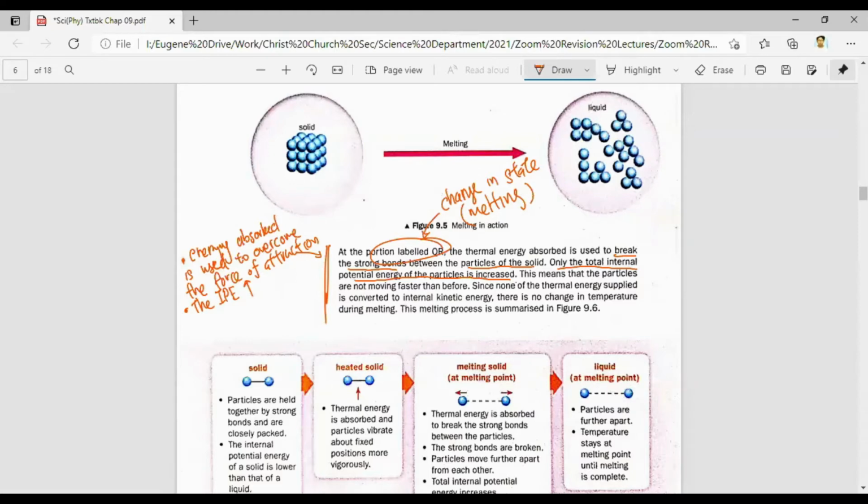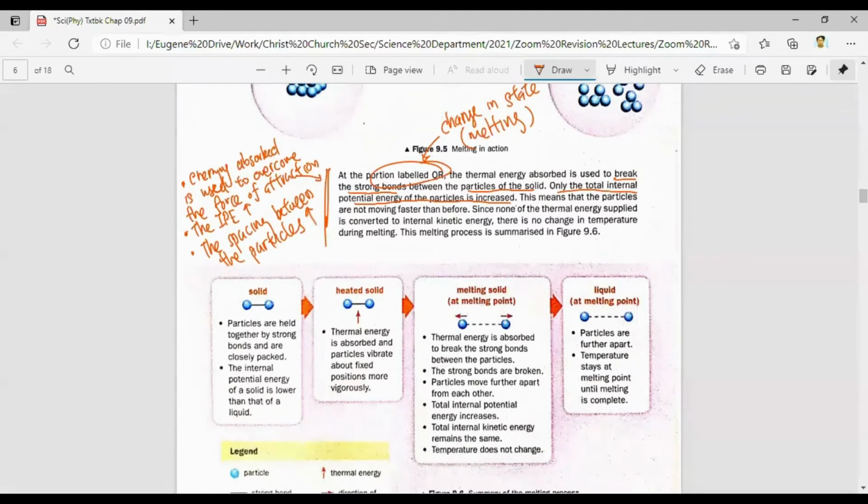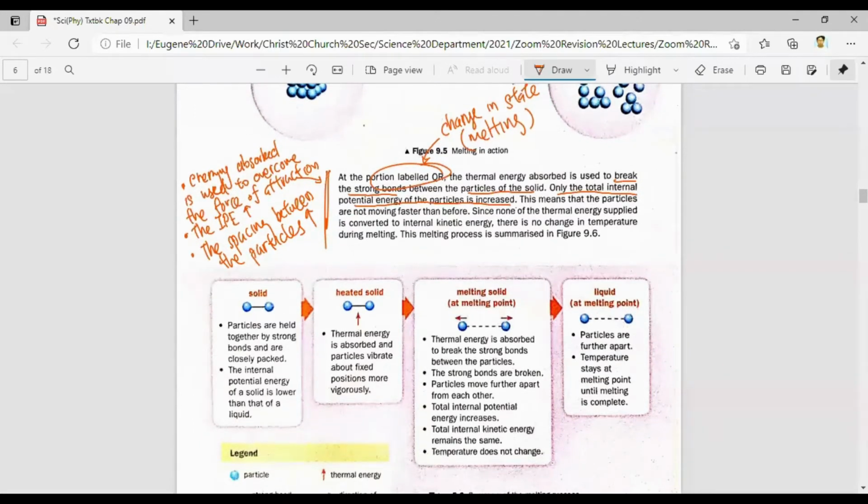So what is actually happening here is that the spacing between the particles increases, because there's a change in state. Hence, there's a change in state.